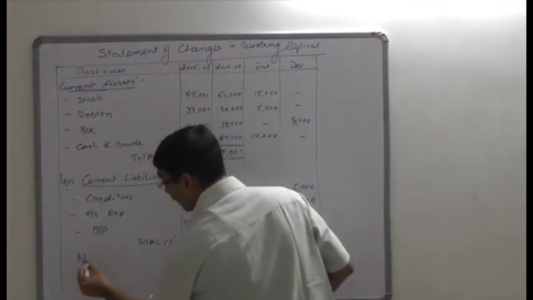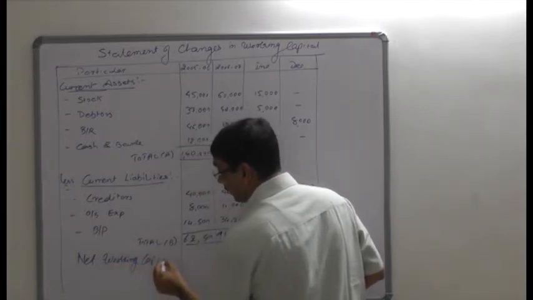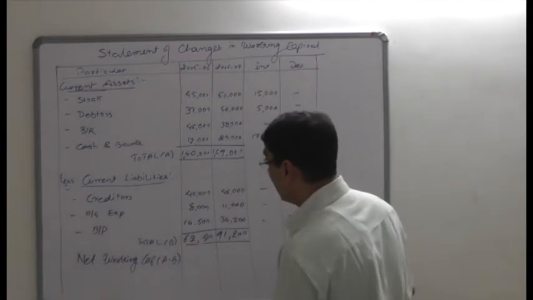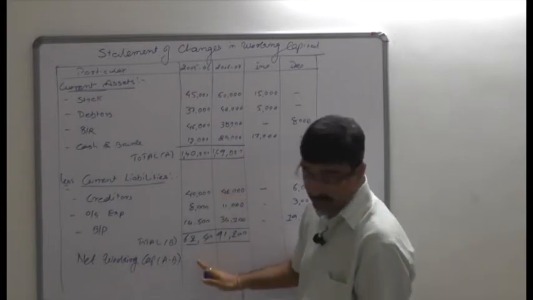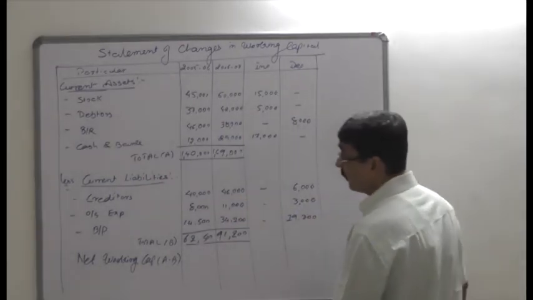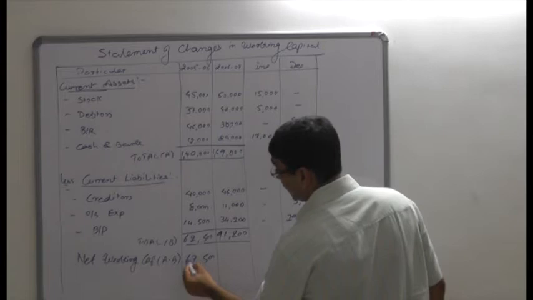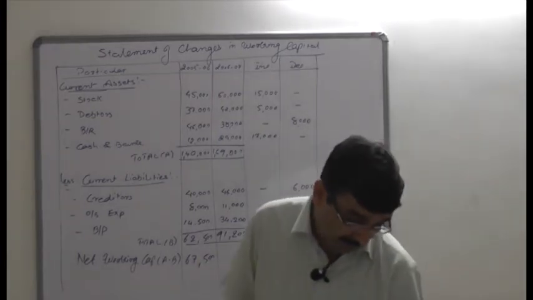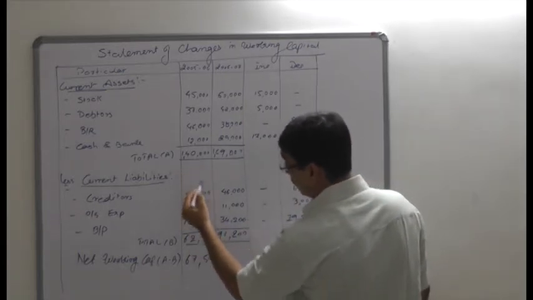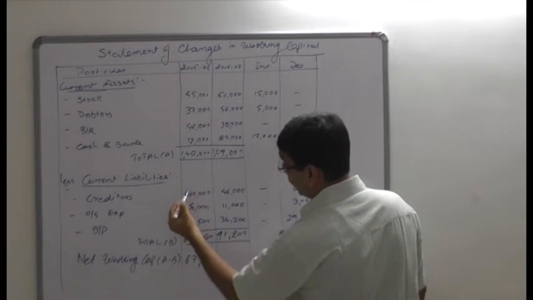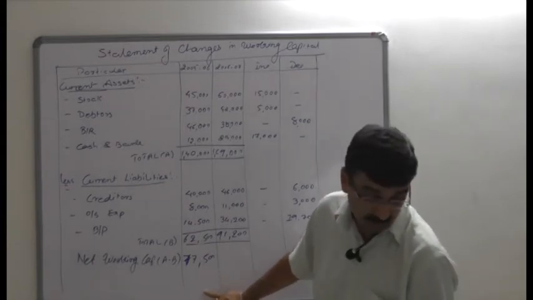Now we will find out the net working capital. Net working capital is the difference of A and B, current assets minus current liability. Here for the last year 2005-06, current assets are 140 and the current liability is 62,500. The difference comes to 77,500 rupees net working capital in 2005-2006.